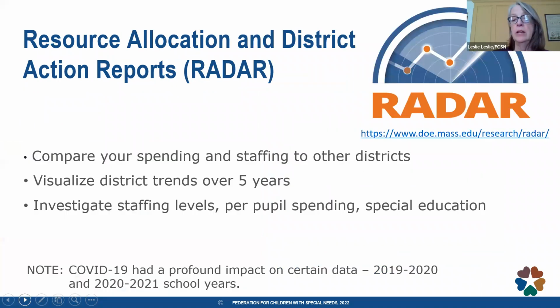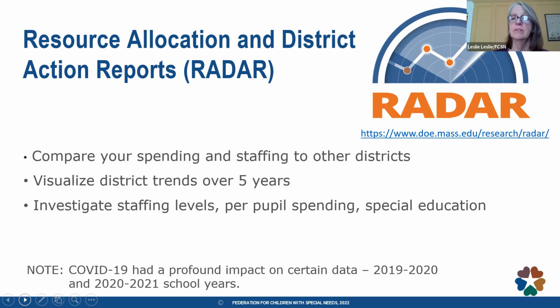It talks about the RADAR data, and this is where you'll find it on the department website. RADAR stands for Resource Allocation and District Action Reports. This is where school districts go to start comparing how they're spending to other districts. And I think you can group at least 10 districts together and look at it in comparison. So it's a fun place to do some data checking and analysis.